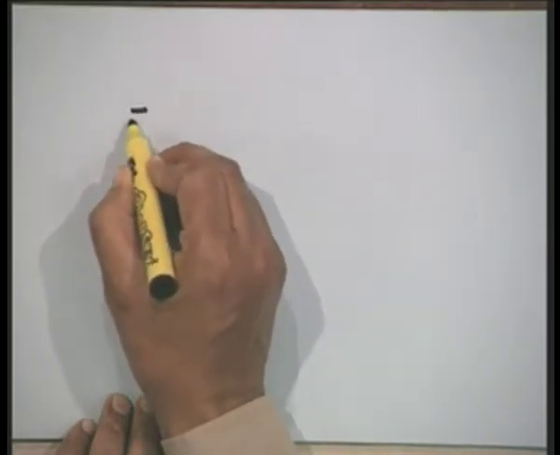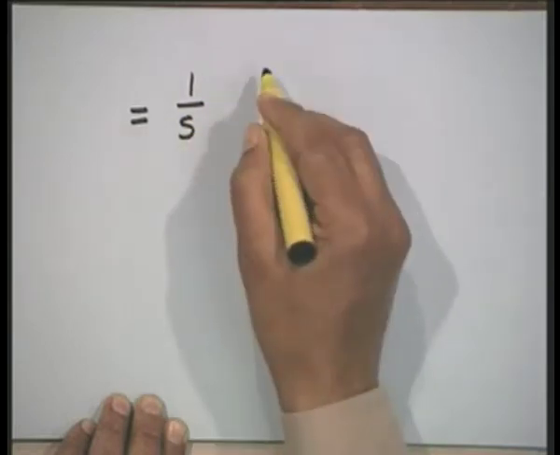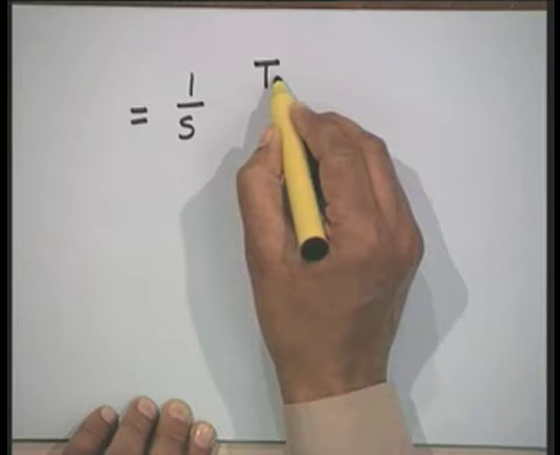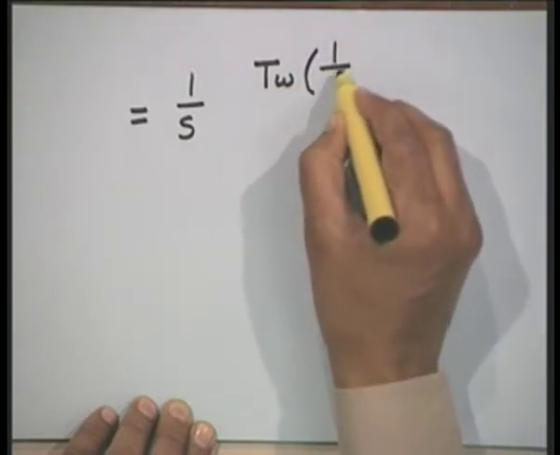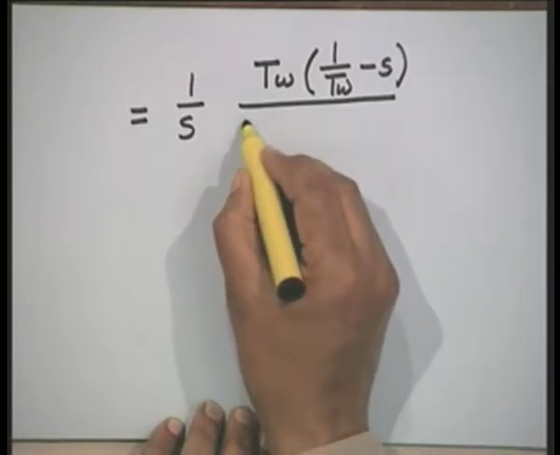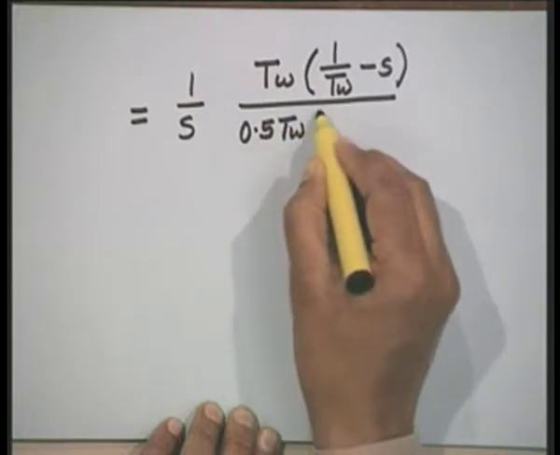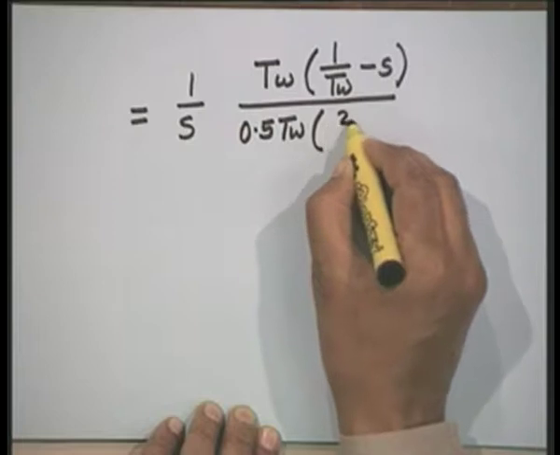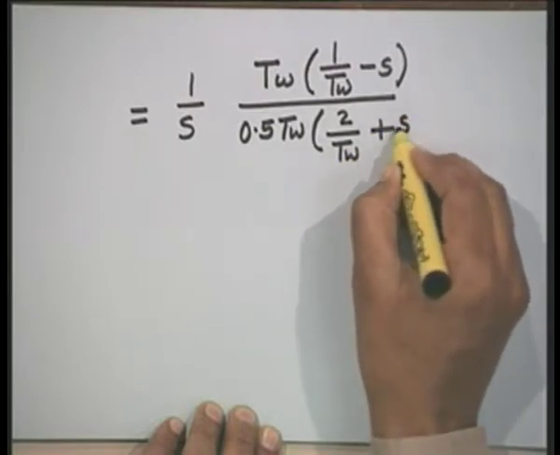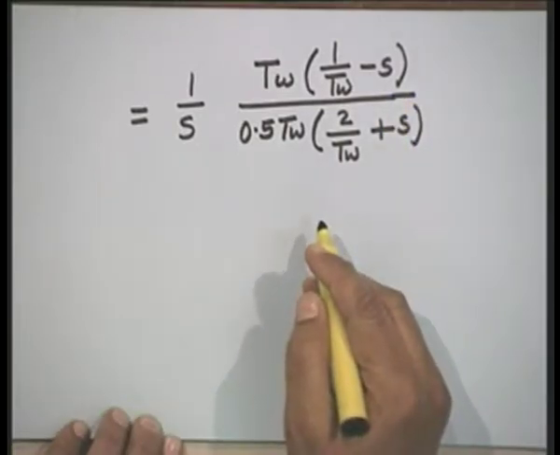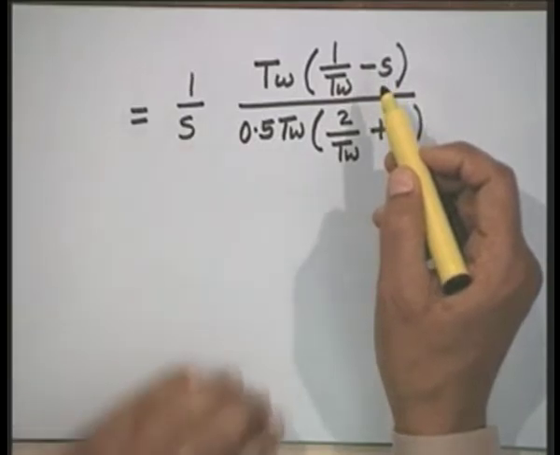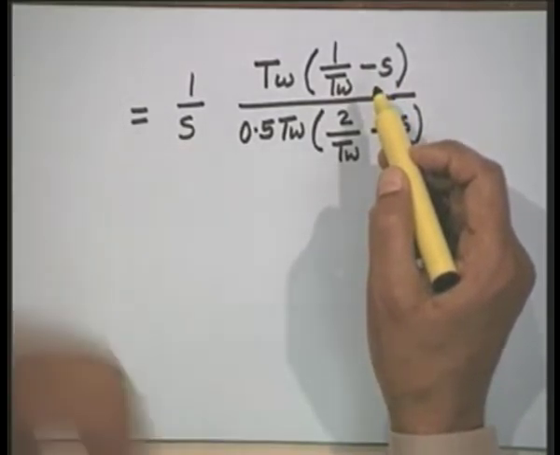We shall write down this function in this form: 1 by S, take this TW out, so that we can write down here (1 by TW minus S) divided by, take the 0.5 TW out, so that you can write down 2 by TW, plus S. That is, we are writing in the form S plus A, or here actually S minus A. This is numerator, directly it is not going to come in our expression for the response.